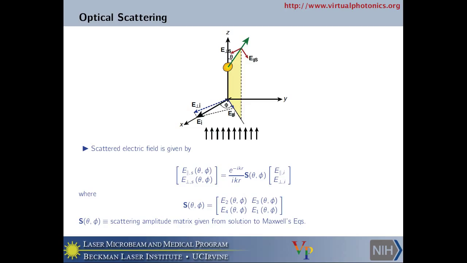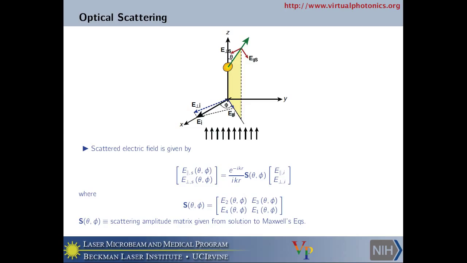Essentially, the scattering amplitude matrix tells you, if you have a planar wave impinging on a scatterer, how the parallel and perpendicular components of that electric field oscillation get modified in angle, both polar and azimuthal angle, in the scattered wave.